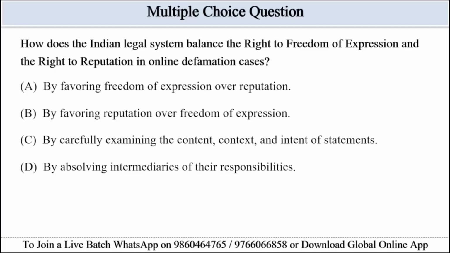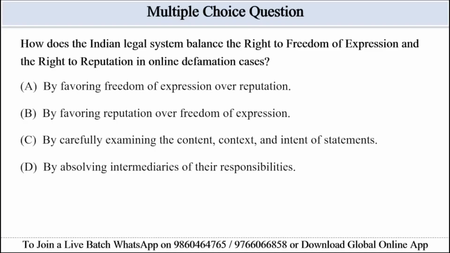no such preference is stated. The passage speaks of balancing, not automatically privileging one right. Option B, by favoring reputation over freedom of expression, again nothing indicates a one-sided bias. The process is analytical and fact specific. In case of option D, by absolving intermediaries of their responsibilities, the passage explicitly says a safe harbor does not absolve intermediaries of all responsibilities, and this has nothing to do with the balancing of the two rights between parties.